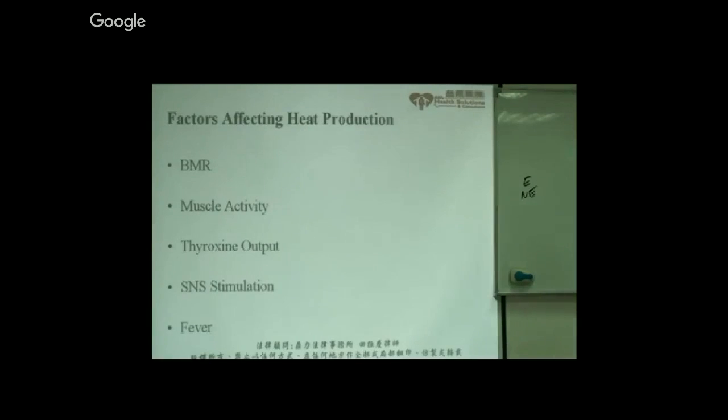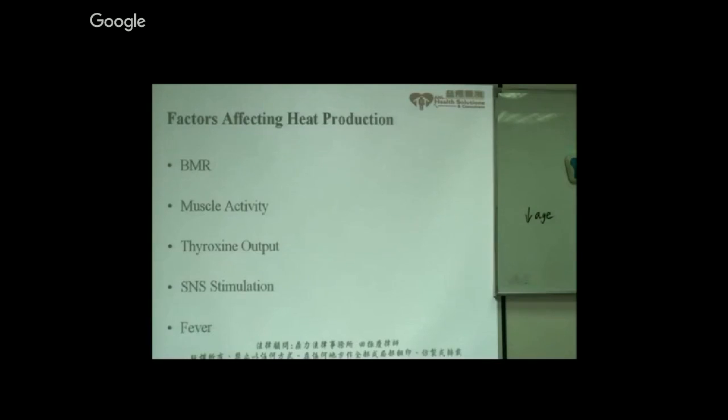So remember, BMR decreases with age. As you grow older, your basal metabolic rate decreases. That's why, you know the difference between a child and an elderly person, who eats more? The child. The elderly eat less because they don't require much energy.